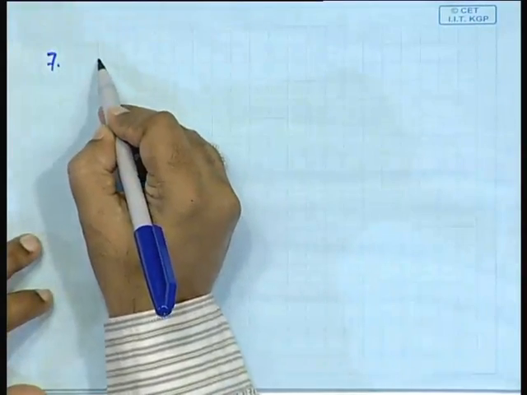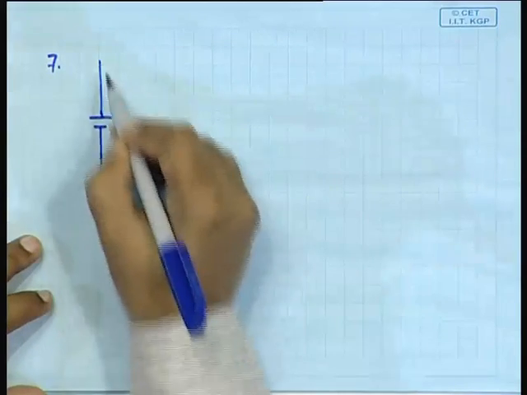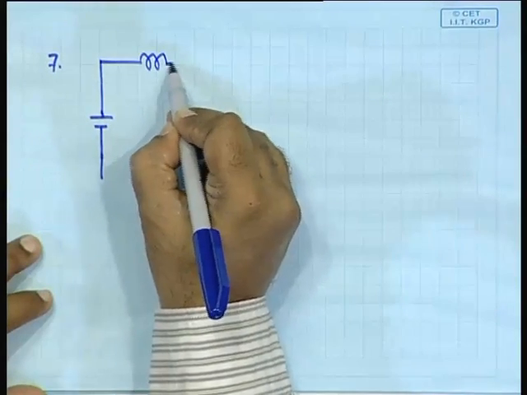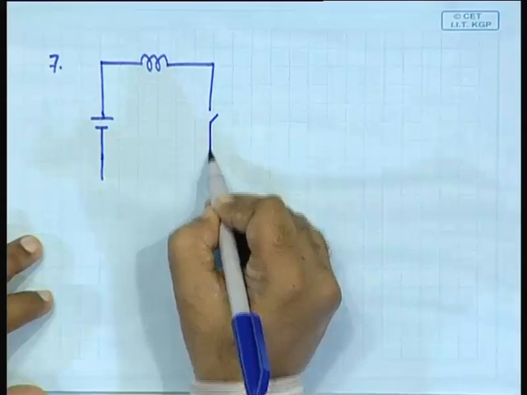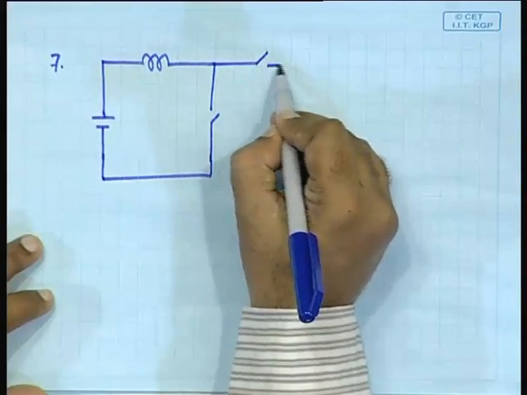7. Again an electrical problem, you have got a battery, you have got an inductor, but there is a switch here and there is another switch here.